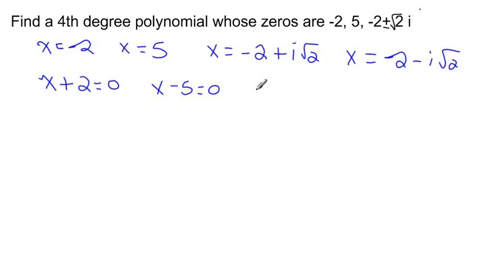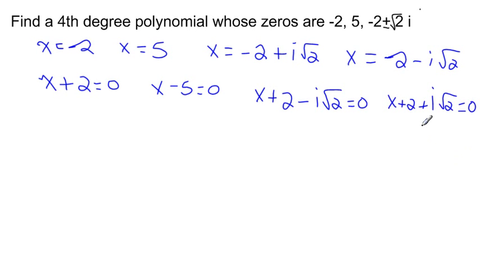Similarly, this came from x, and then if I brought the 2 over, plus 2, and then brought the minus i rad 2 over, that would equal 0. And the last one here, this would be x, again, add the 2 over, plus 2, and then add the i rad 2 over, plus i rad 2 equals 0.